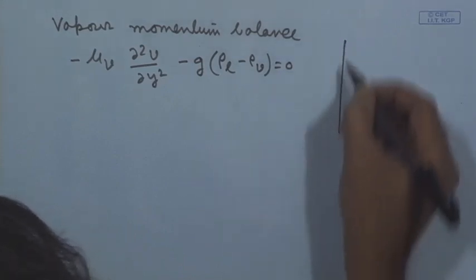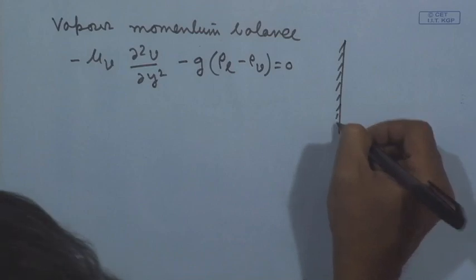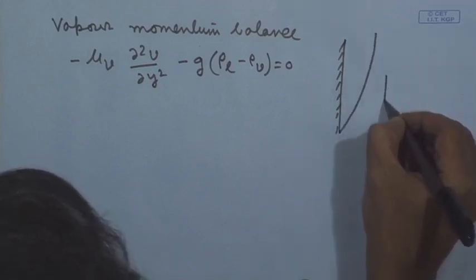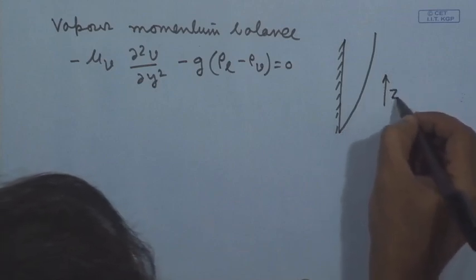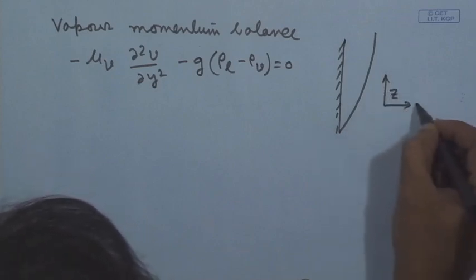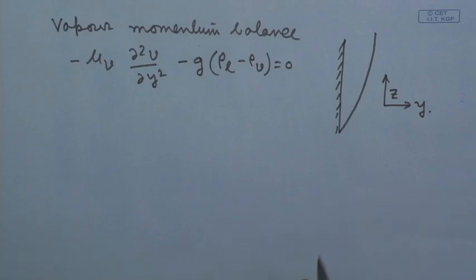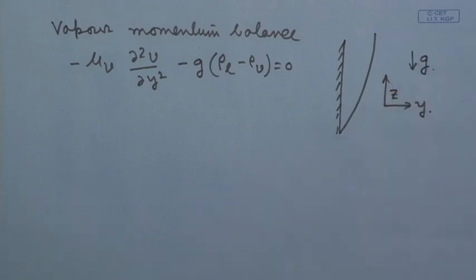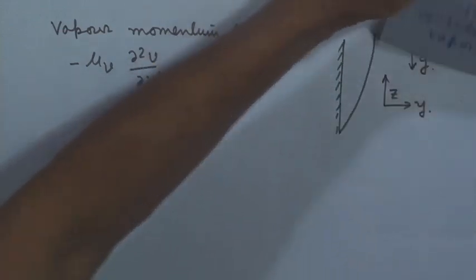It will be convenient now if I show the coordinates. Basically, we can take z in the upward direction and y in a direction normal to the plate, and this is the direction in which gravity works. So, with this we will get this momentum equation. The momentum equation can be solved with appropriate boundary conditions.